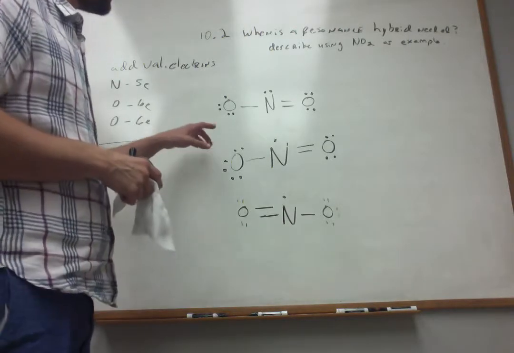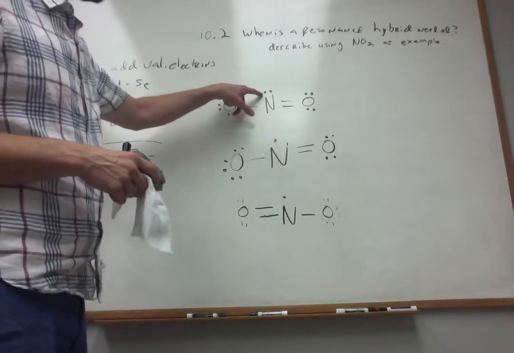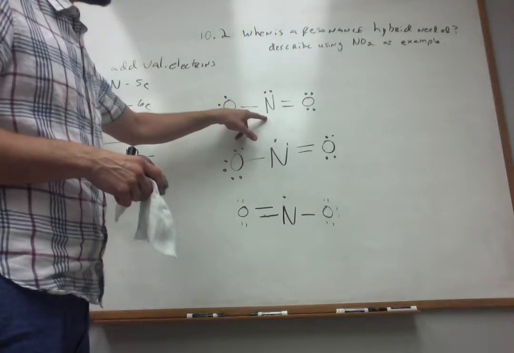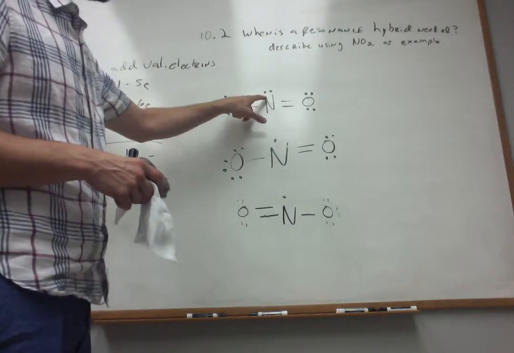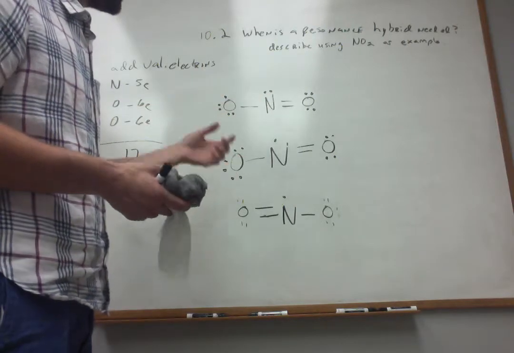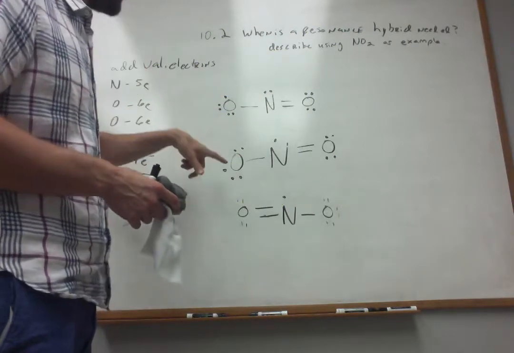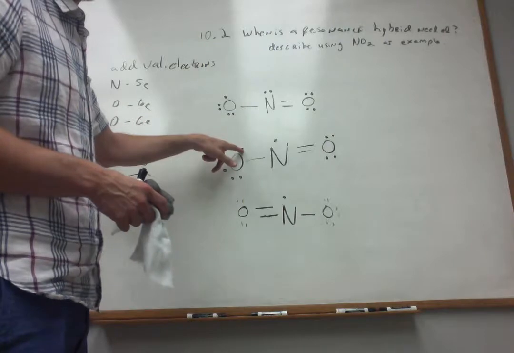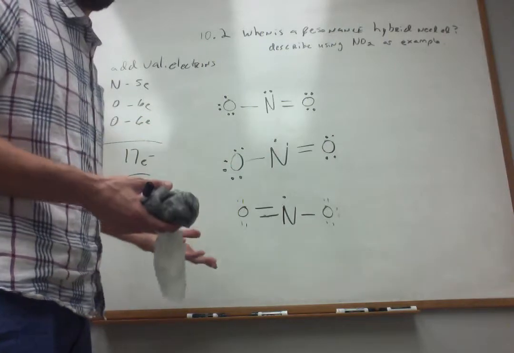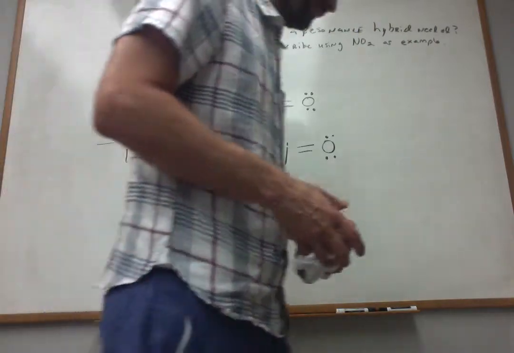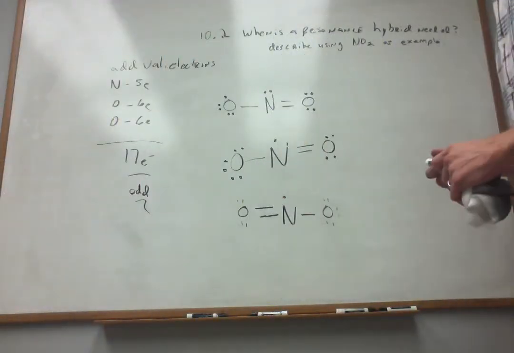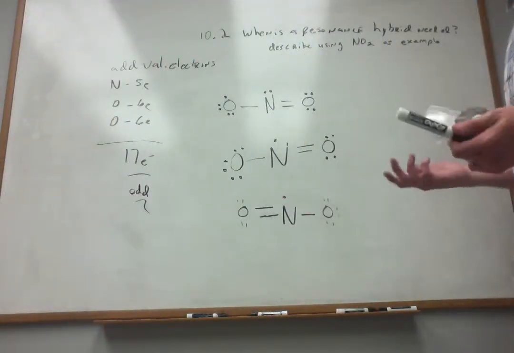Maybe I could put 2 electrons on the central nitrogen. And if I did that, I completed its octet, but that second electron has to come from somewhere. So maybe I'll just steal one of these off of this oxygen and put it there instead. And I guess there's a number of other possibilities that you could even envision beyond that.